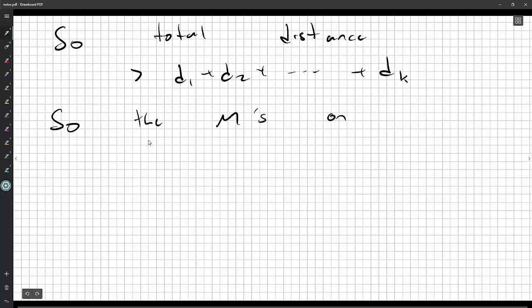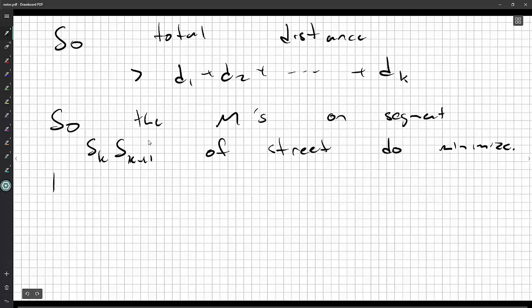So the M's on segment S_K S_K+1 of the street do minimize the total distance.